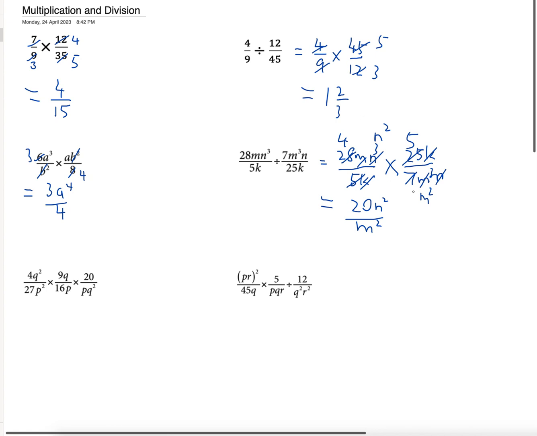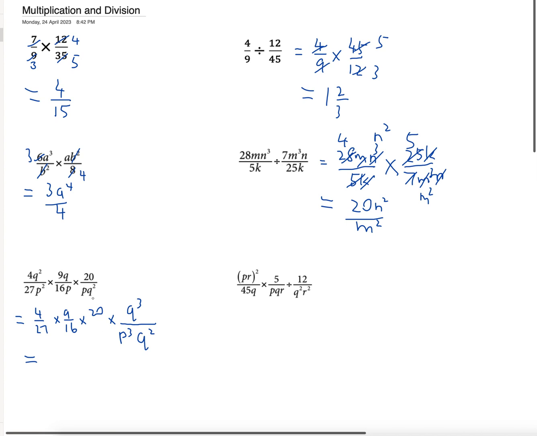We have to be very careful that we won't miss out any numbers. That is why sometimes it's better to put all the numbers together. This is 4 over 27, 9 over 16, and 20. Put all the numbers together, multiply the numerator, q cubed, and multiply the denominator, which is p cubed q squared.